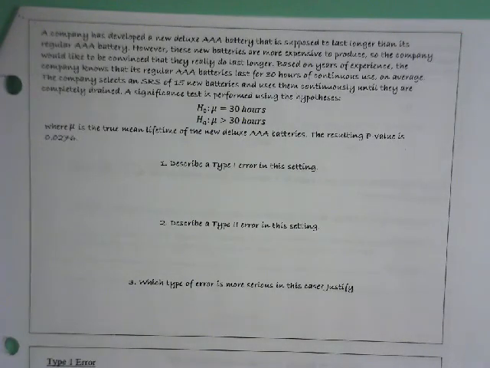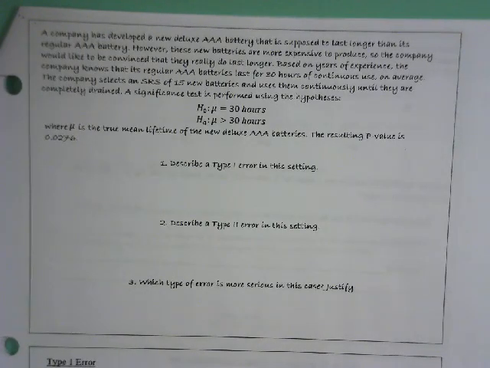Based on years of experience, the company knows that its regular AAA batteries last for 30 hours of continuous use on average. The company selects an SRS of 15 new batteries and uses them continuously until they are completely drained.